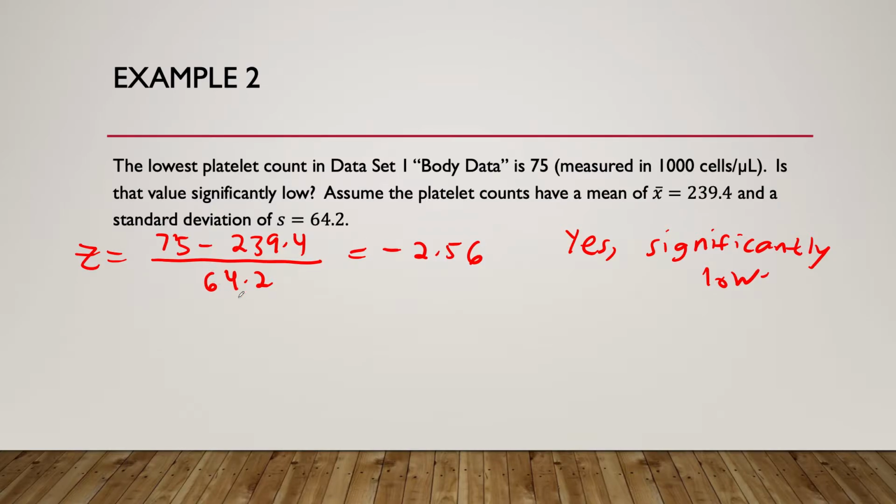The z-score is 75 minus 239.4 divided by 64.2, which gives -2.56. That is less than -2, so yes, it is significantly low.